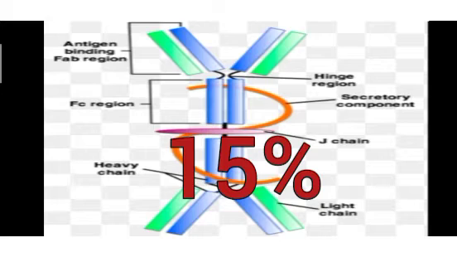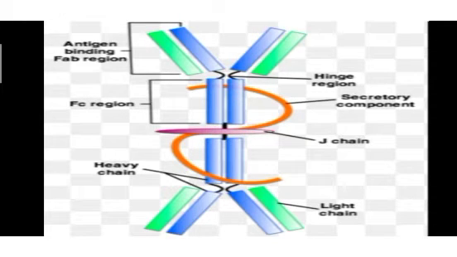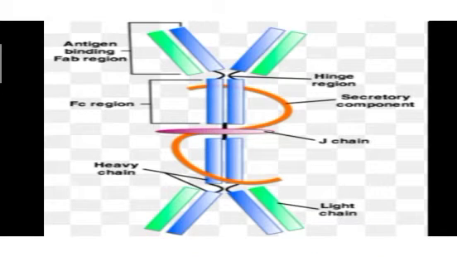Secretory IgA, a dimer, provides the primary defense mechanism against some local infections because of its abundance in mucosal secretions, that is, salivary glands and tear glands. And the principal function of secretory immunoglobulin A may be not to destroy antigen but to prevent passage of foreign substances into the circulatory system.